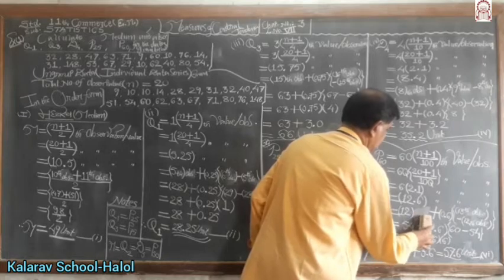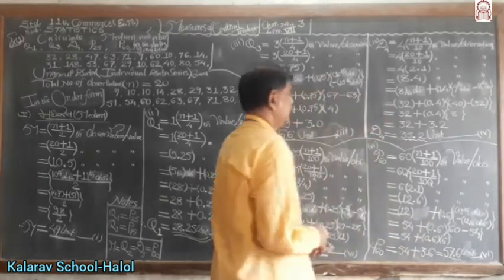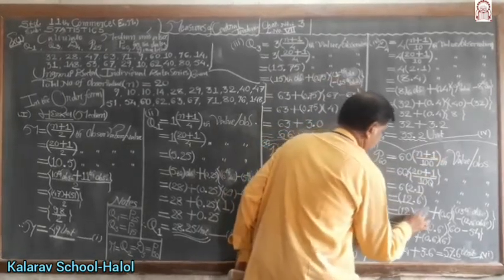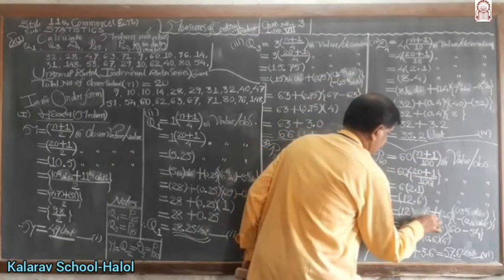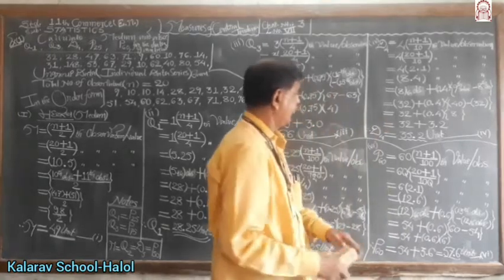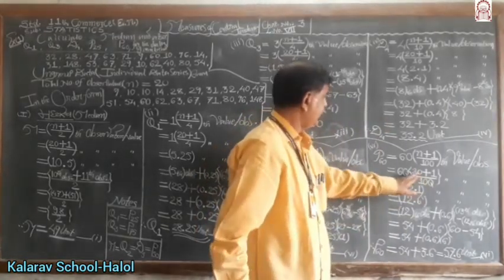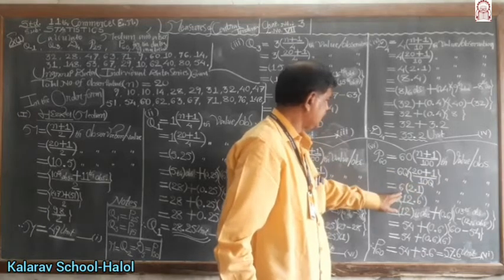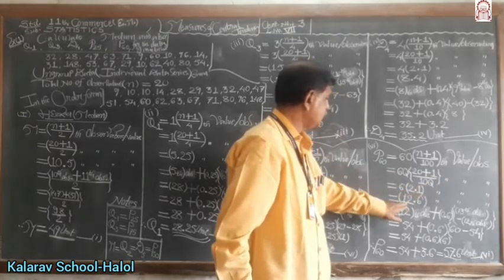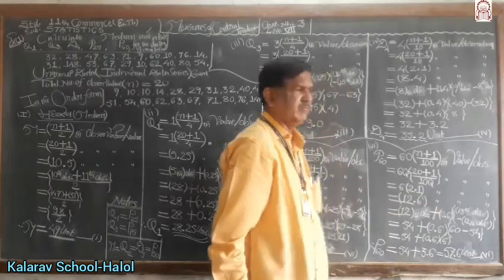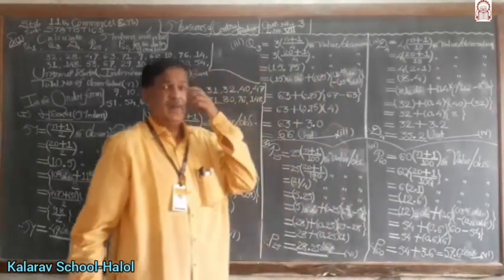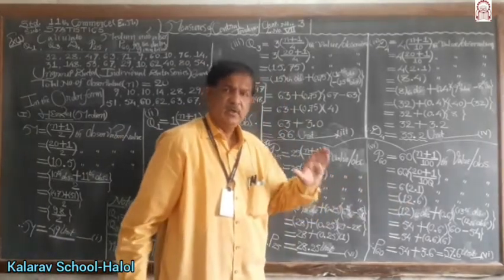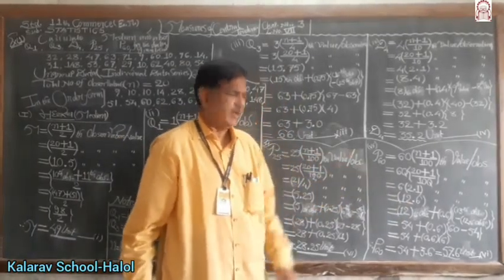Now, 60, n plus 1 means 20 plus 1, which is 21 upon 100. Cutting the zeros, 21 upon 10 is 2.1, and 2.1 multiplied by 6 means 12.6, the value of the observation. In 12.6, 12 is the integer part and 0.6 is the fractional part.